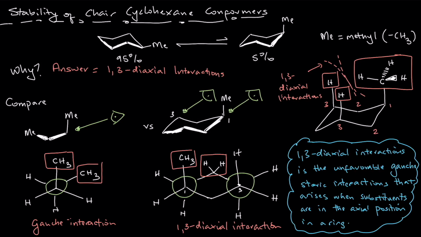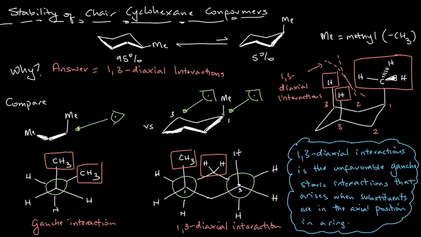Okay, so the take home here is that 1,3 diaxial interactions are the unfavorable steric interactions that arise when substituents are placed in the axial position of a ring. Because once you put these substituents in the axial position of a ring, it can run into the risk of engaging in unfavorable steric interactions with the hydrogens on the 3 position.